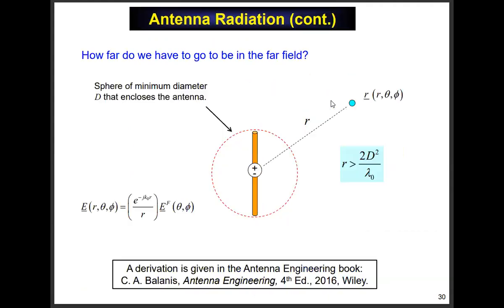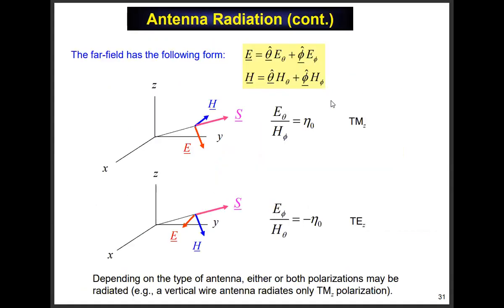So if you remember our discussion about plane waves, there's two fundamental polarizations, what we call TMZ and TEZ. Here's a picture of them again. So TMZ means E is in the theta direction, and TEZ means E is in the phi direction or negative phi direction. Okay, now notice I've drawn the picture so that for both cases, if you visualize taking E cross H to get the pointing vector, which is really 1/2 E cross H conjugate, but anyway, you can see it's going in the positive r hat direction.